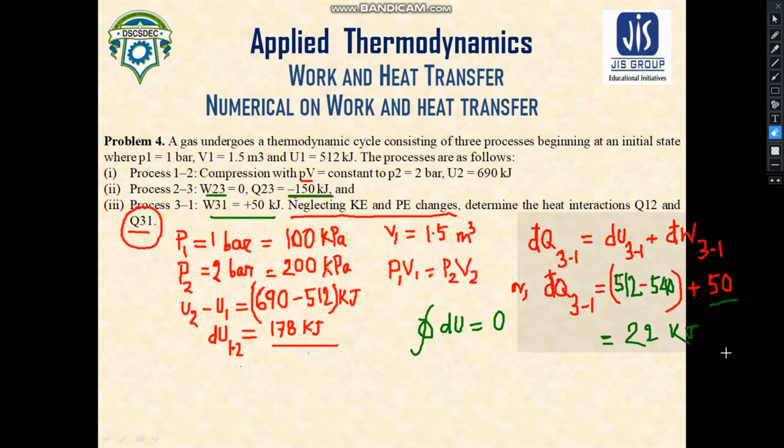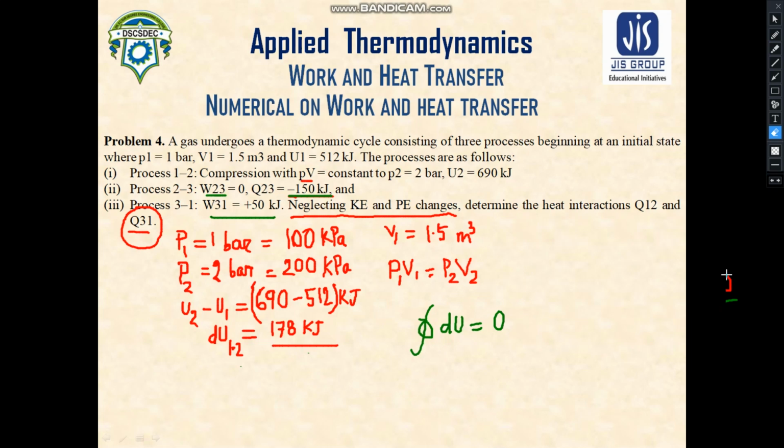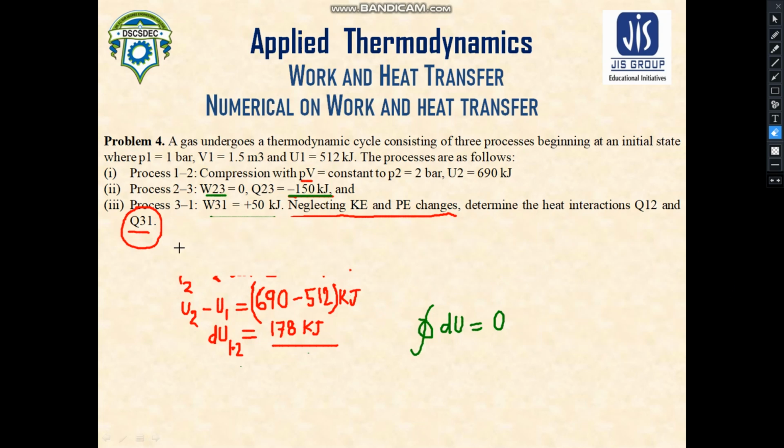I have told you that since internal energy is a property, for any property, when a system is undergoing a thermodynamic cycle, the net change in the property will be 0, because the initial and final states are the same.